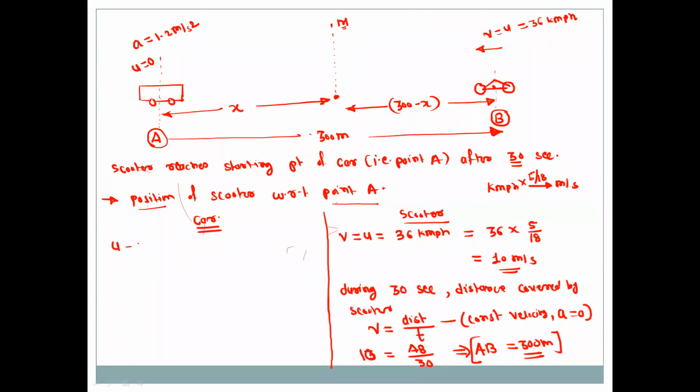So u is equal to 0, acceleration is 1.2, then distance is x, so s is equal to x meter, and time t, take this as t second only, or we can assume this as t1 second.